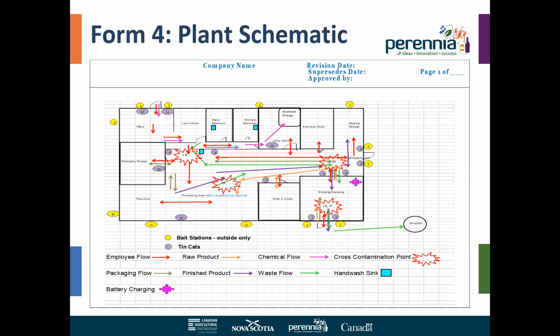It's also nice to include your hand wash sinks on this plant schematic as well. If you want to, you can include battery charging. If you have forklifts that require batteries or what have you, you can include that as well. So this plant schematic can be used for multiple things.